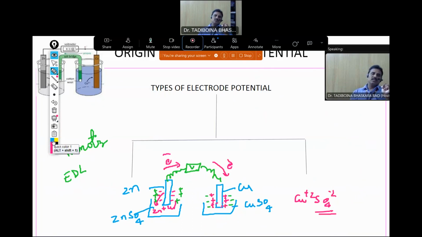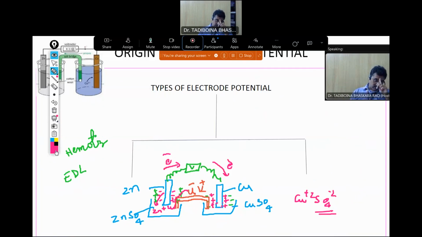Whenever the sulfate ion number is more, overpotential develops here. To eliminate this overpotential, what we are doing here is connecting through the salt bridge. In the salt bridge, KCl solution is generally used. The zinc half cell requires the negative charge ions, so the chloride ions will move into this half cell.